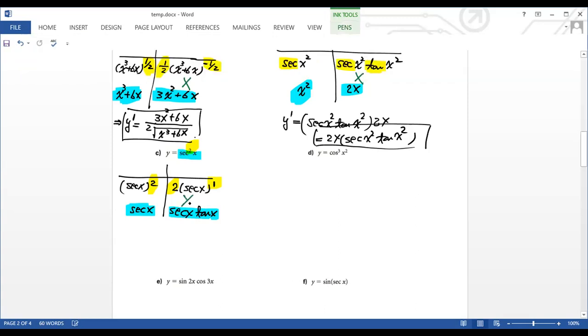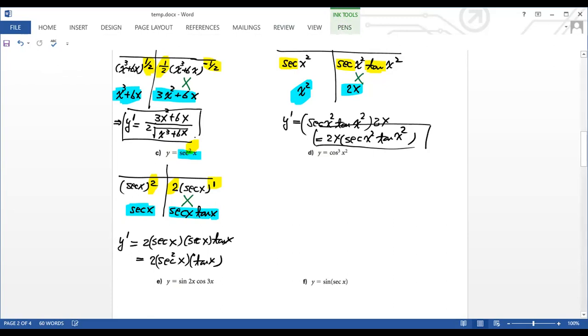So what is my result here? Your result will be multiplying them together. So y prime will be 2 secant x tangent x. If you want to combine a little bit, you can say this is 2 secant squared x times tangent x.